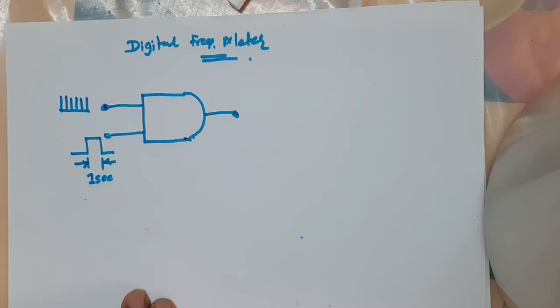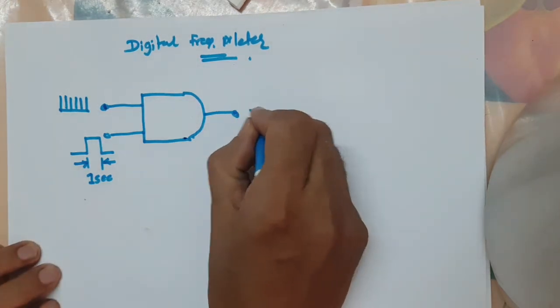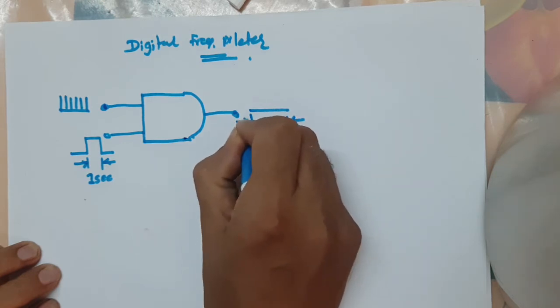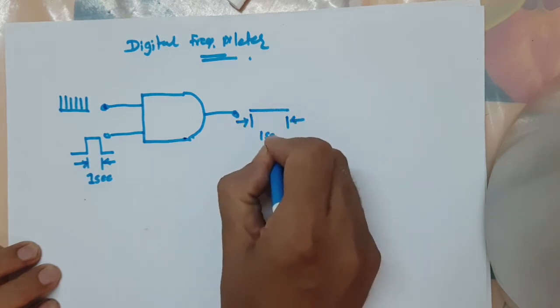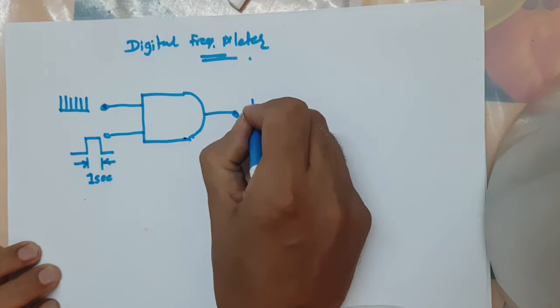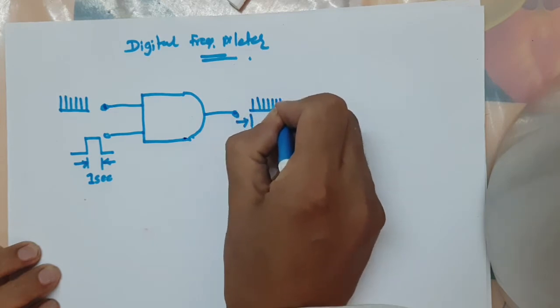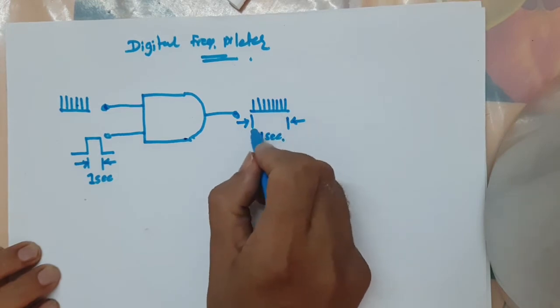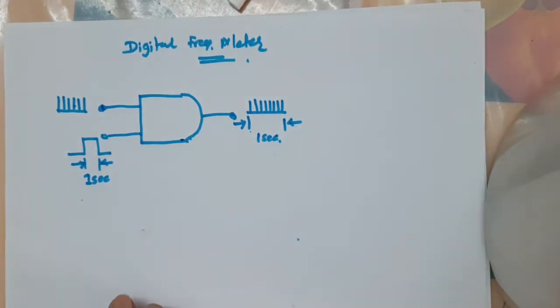A pulse of 1 second is applied to the other terminal, and the number of pulses counted during this period indicates the frequency. What is your output in 1 second? This is your 1 second pulse. This is our output, and we want to count how many pulses come out in between this 1 second pulse period.